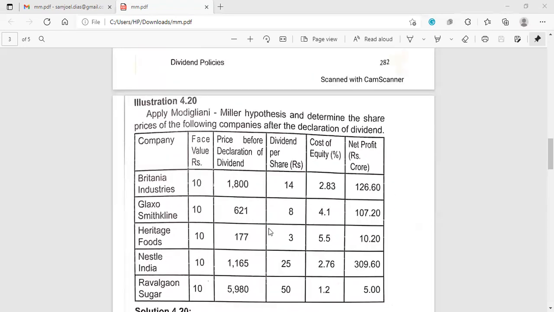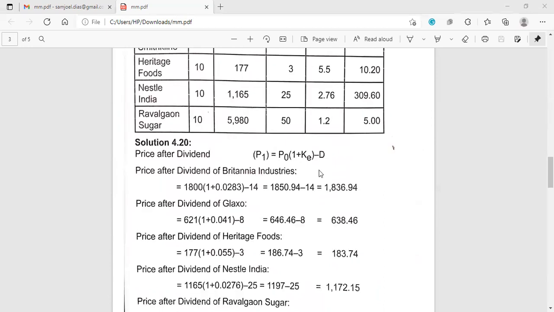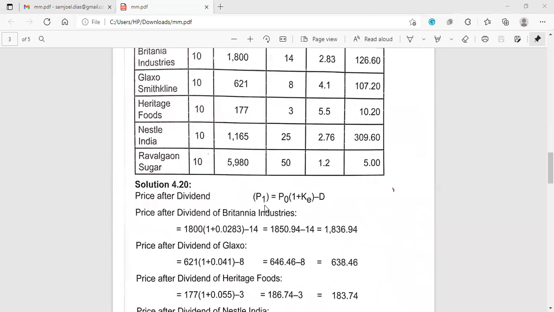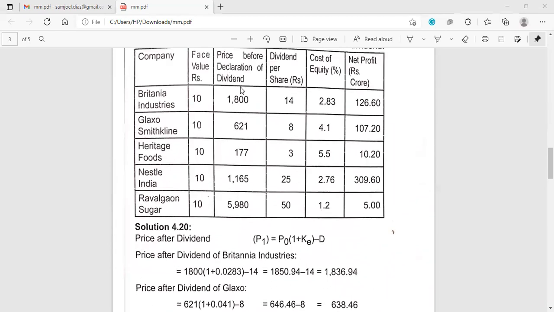Now here we have to calculate the market value of shares, or market price of shares, after declaring dividend. For the formula, we just have to put all the necessary information in. Price before declaration of dividend, so 1800, 621, 177, 1165, 5980, are all to be taken as P0.